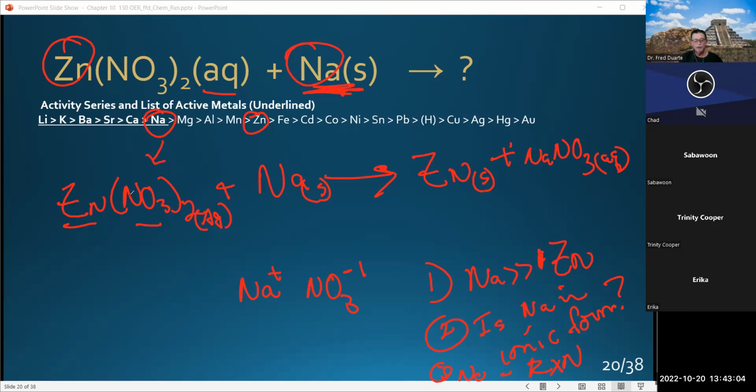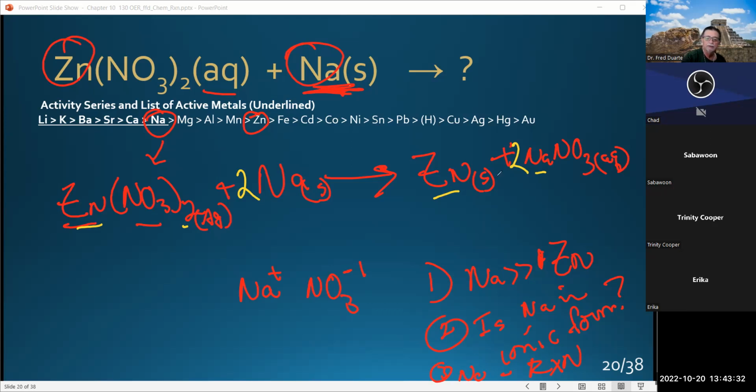We've got 2 nitrates, so if I put a 2 right here, that balances my nitrates, but then it kicks up my sodium, no problem. Put a 2 right there and the sodium's taken care of. I've got 1 zinc, 1 zinc. I have a balanced chemical equation.